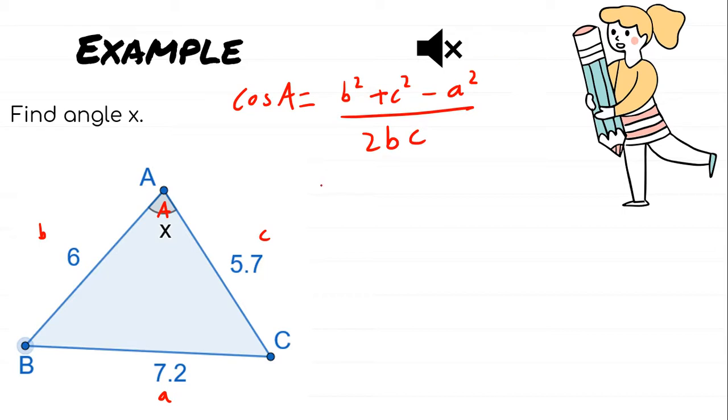Again, this is given to you. The hard part really is just correctly labeling this. If you've correctly labeled this, then we've not got a problem. Capital A is going to become x, b squared is going to become 6 squared.